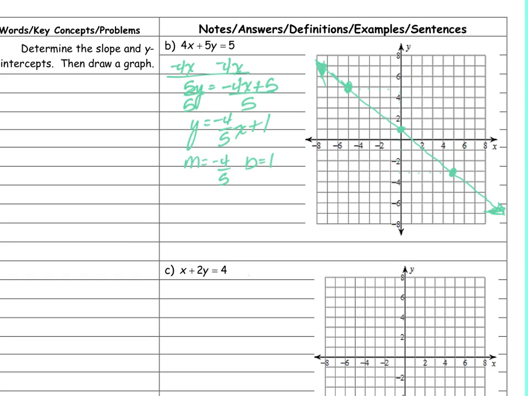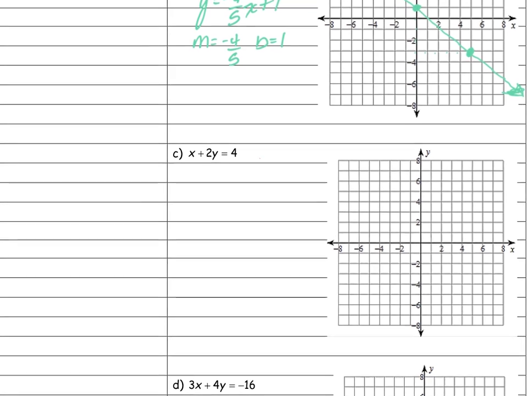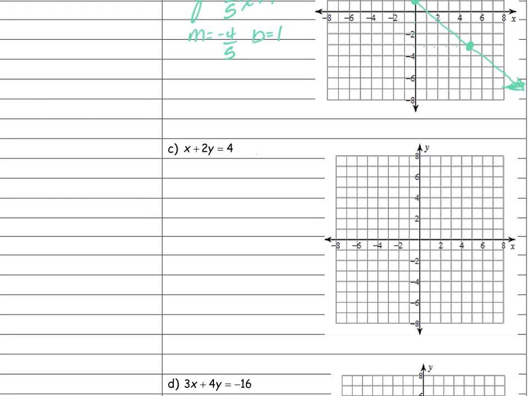There we go. Okay. And a lot of you have already gone on to do part C because you saw the equation up there. So I'm just going to go ahead and do it also, if that's okay with you guys. So I've got subtract x.